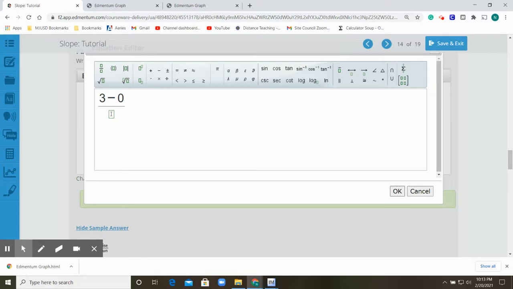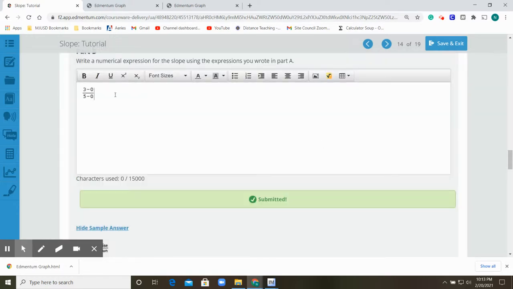Got to make sure we're in the right spot. 5 minus 0. Then click OK. And that brings us in here. Don't know if we can make that big enough for everybody to see. What if I drag it? There you go.